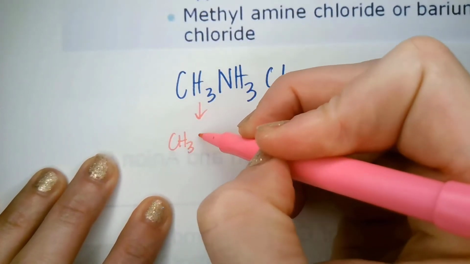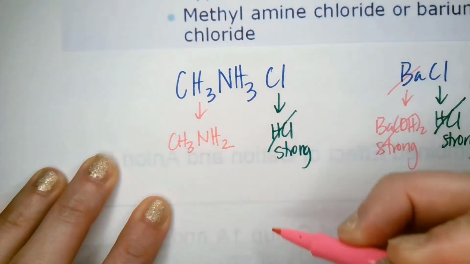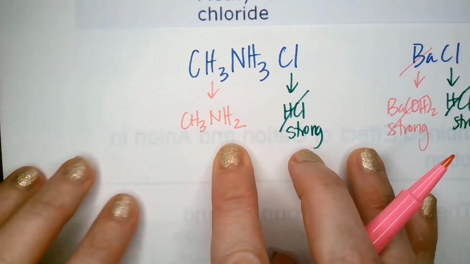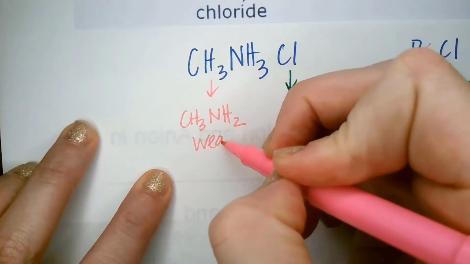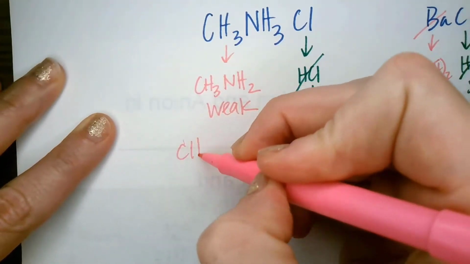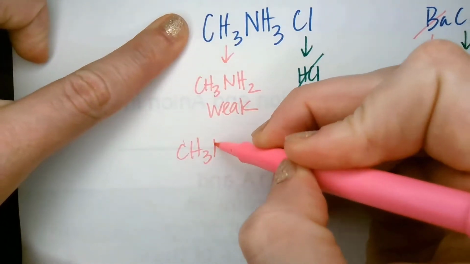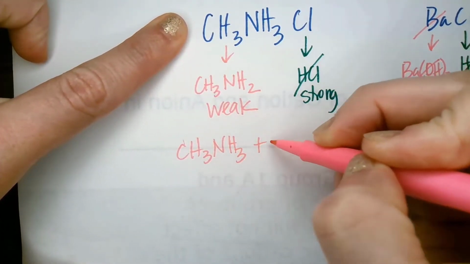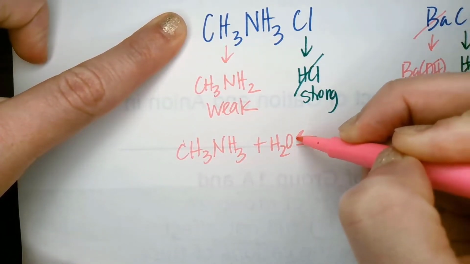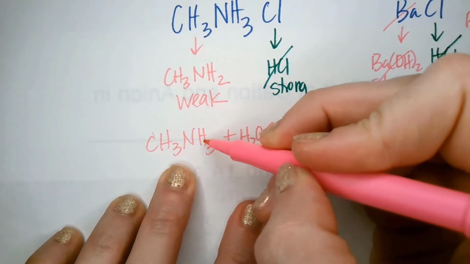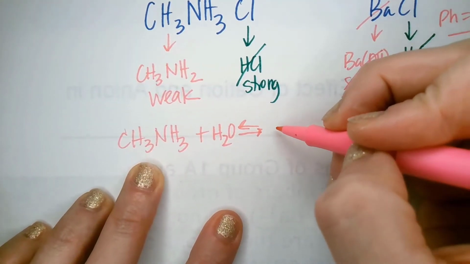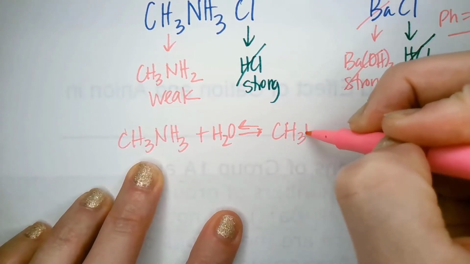Let's look at this one, CH3NH3+. Its parent base is going to be CH3NH2. All right, now this is weak. And let's look at the chemistry. What happens when CH3NH3+ goes through hydrolysis with H2O?